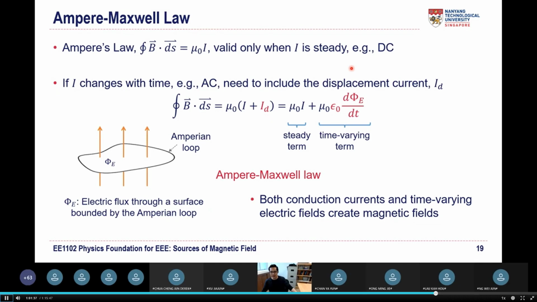This is the so-called displacement current. So instead of just having mu 0 I, you have mu 0 times I plus the displacement current. And this displacement current is the time-varying term, which means it changes with time, and that's where the AC comes from.